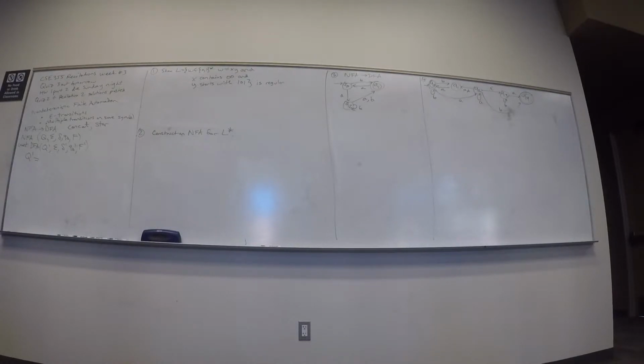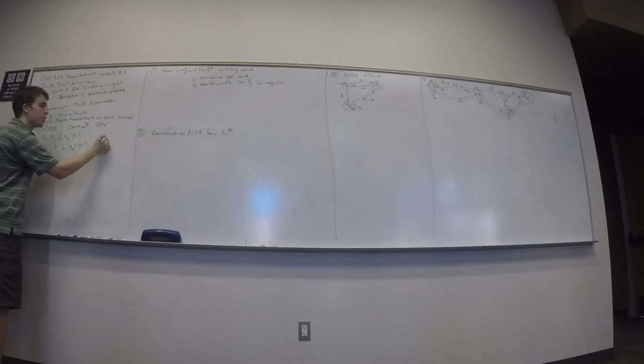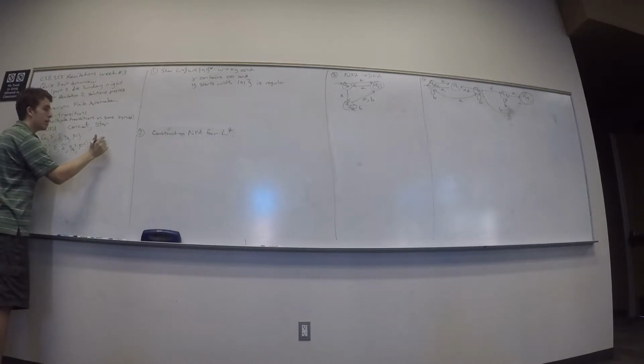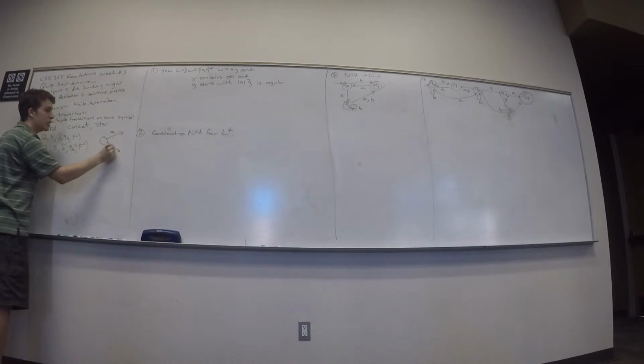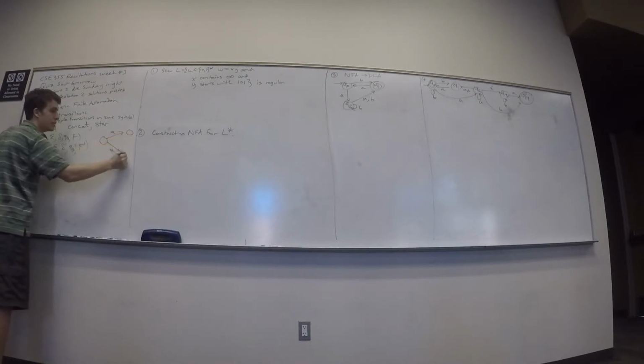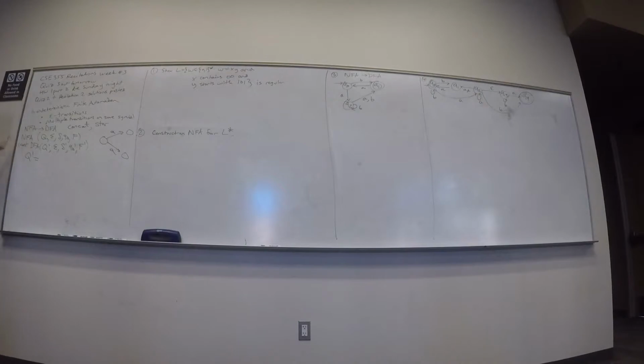Well, let's think about it. Let's just look at this particular case, multiple transitions on the same symbol. So, I have some state, and it has multiple transitions on the same symbol to other states. And I want a DFA out of this. Can a DFA have multiple transitions on the same symbol?